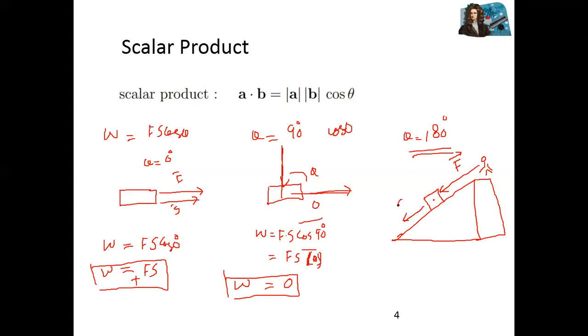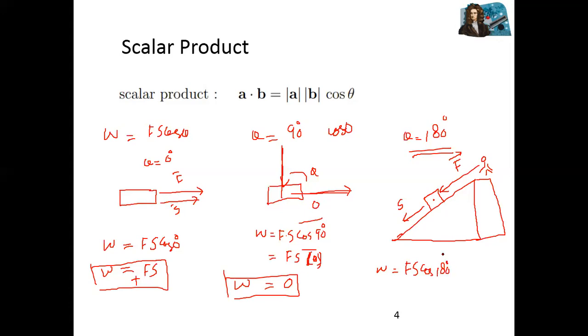It means the displacement covered is downward, but you are applying force upward, and your force is not sufficient to move this body upward. So in this case, work done is equal to F S into cosine of 180 degrees.